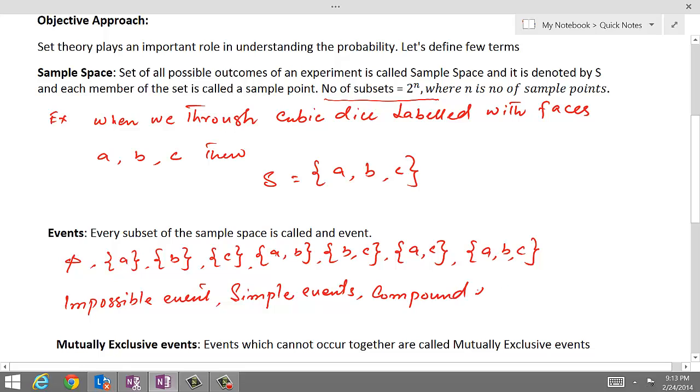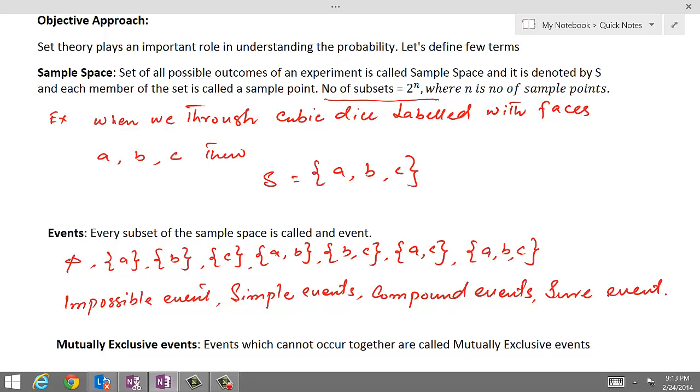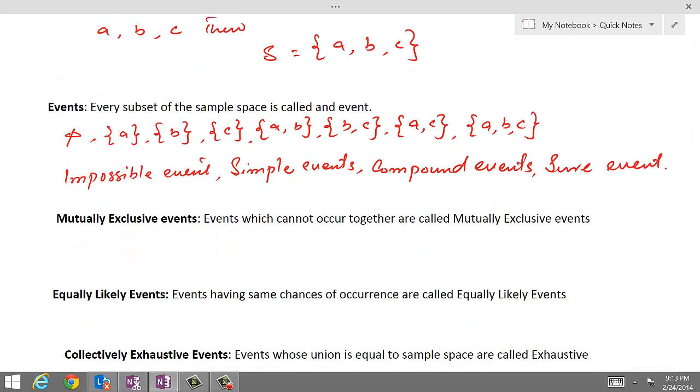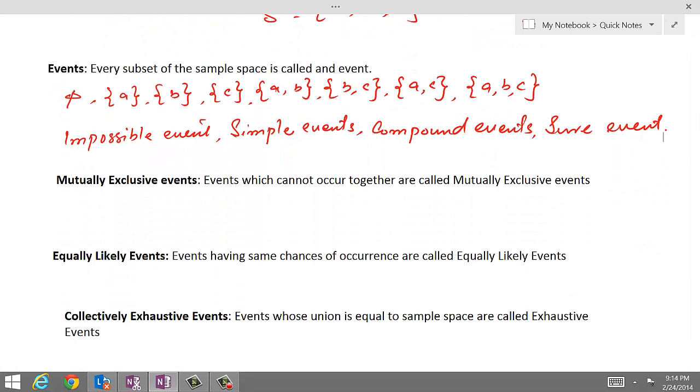Compound events, with more than one sample point, and sure event. The sample space itself is a subset of itself, that's why it's an event, and its probability is equal to 1. What is the probability of the null set? That's 0.